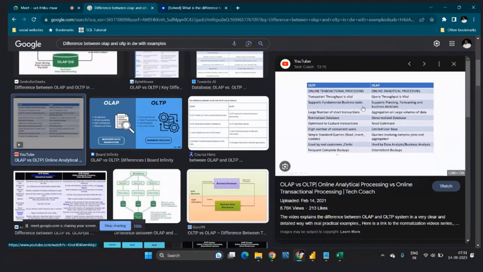OLTP supports fundamental business tasks only. They just capture data and do nothing apart from that, except some cleaning-related activities. But OLAP is not like that. After fetching the data, they do forecasting and support business decisions. They do it under online analytical processing because they will have top 10 stores and bottom 5 stores.